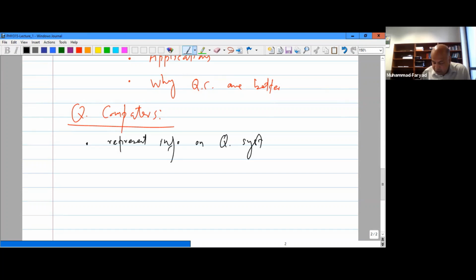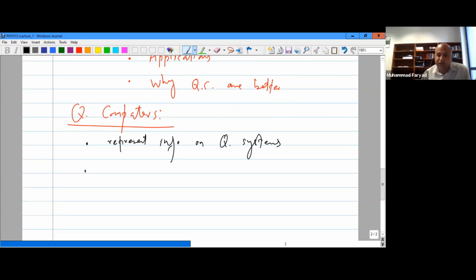And I'll shortly talk about what quantum systems are. So instead of representing information on classical bits in terms of ones and zeros, we represent information on quantum systems, which can be more than ones and zeros. And then we should be able to process this information.